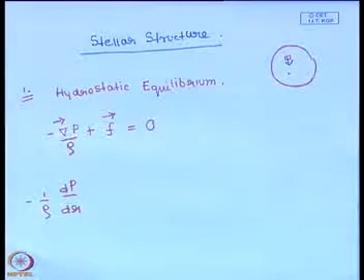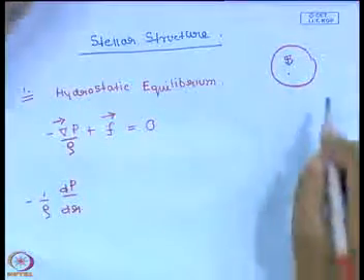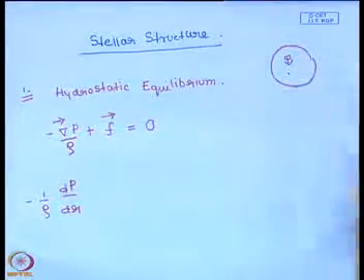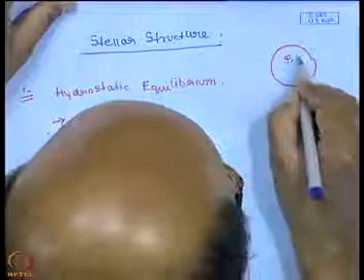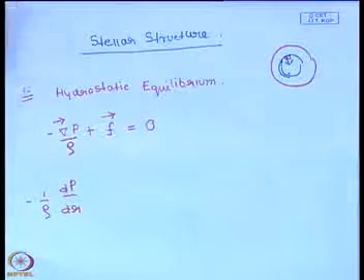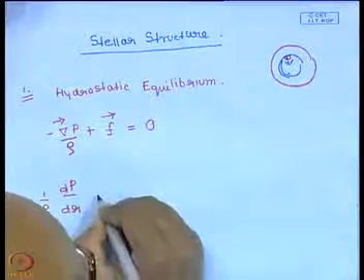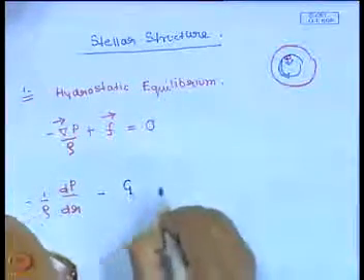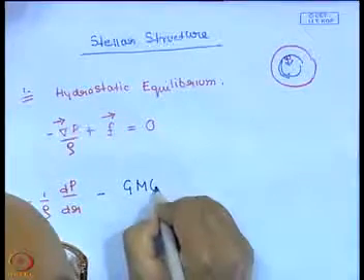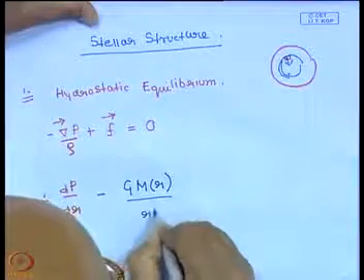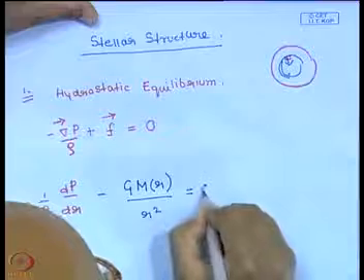Okay. So, the question is how much is the acceleration per unit mass. Now, we know that if I have spherical symmetry, only the total mass inside this is going to contribute to the acceleration of this fluid element. Okay. So, the gravitational acceleration is minus G m(r) by r square.